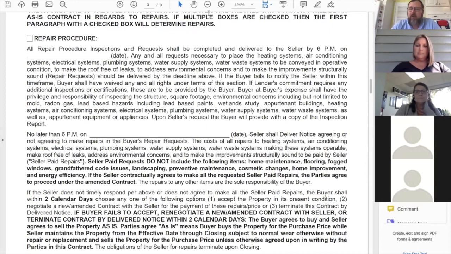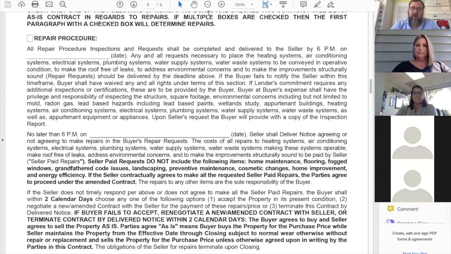So when you have the inspection, you'll get the report back. And if any of the inspection says it's necessary to replace the heating system, the air conditioning, the electrical systems, the plumbing systems, the water supply systems, the water waste systems to be conveyed in operative condition, or to make the roof free of leaks, meaning it's currently leaking, to address environmental concerns, or to make the improvements structurally sound, then we would deliver that to them by this deadline here.